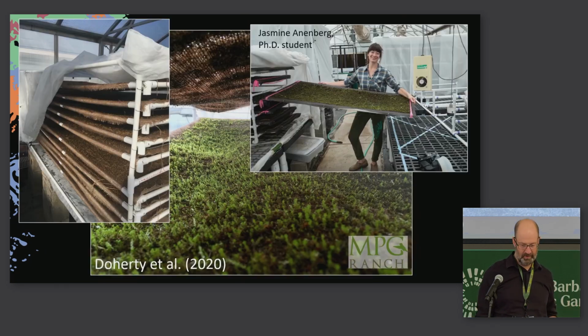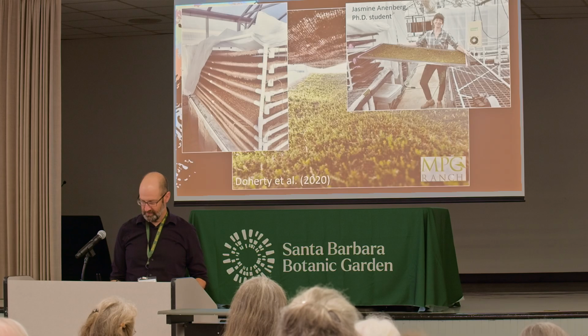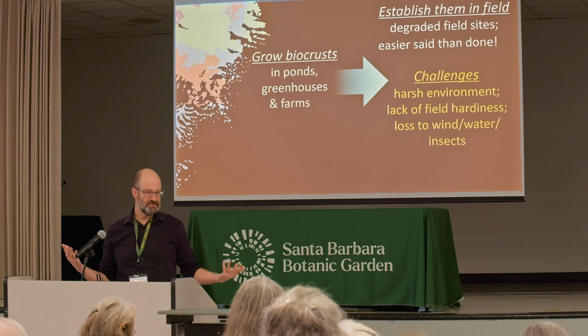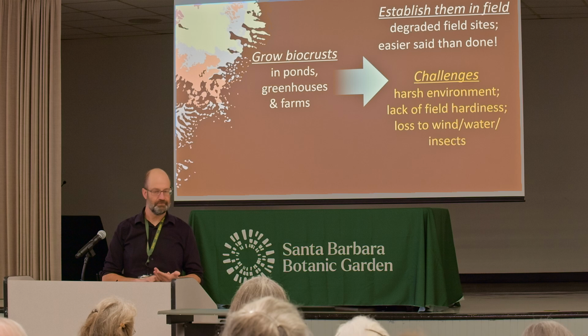And within a couple months, we can pull out sheets of basically moss lawns like Jasmine is holding there. So about 2 months to do that. So that's some examples of growing biocrusts. There's different approaches. It can be done.